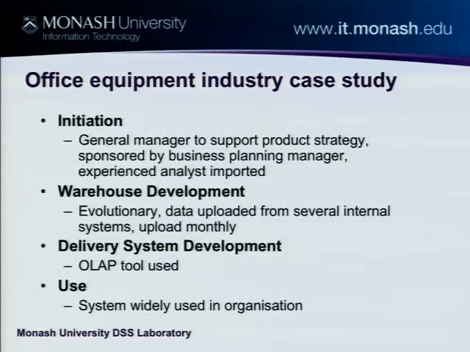But again, this one turned out to be a success because there was focus on the delivery system. The warehouse was developed in an evolutionary process. There was a monthly ETL refresh of the data warehouse, which is a little bit on the infrequent side, but not unheard of. I should talk a bit more about ETL processes down the track, but ETL processes are designed to run in batch mode.